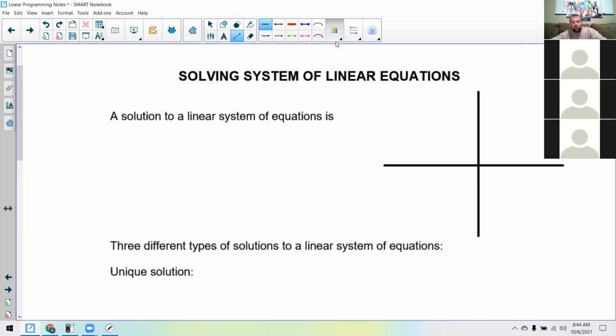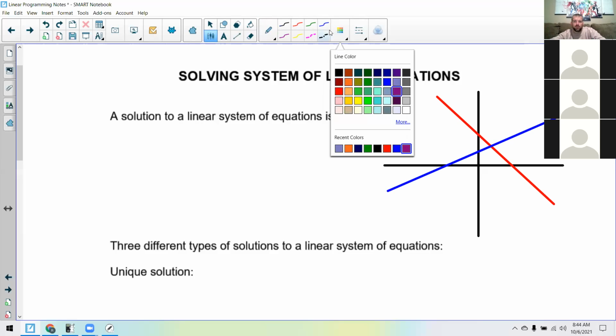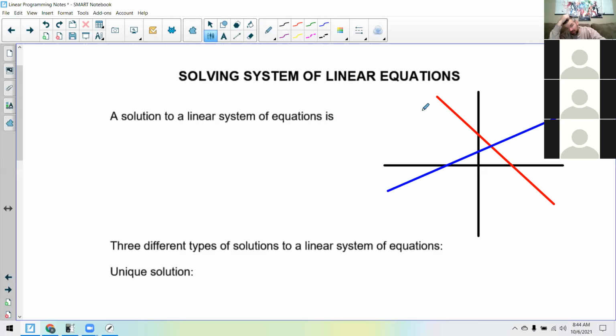Now let's do a red one, like that, and a blue one, like that. The solution to this system is going to be the point that satisfies both equations, or the point that both lines share, or the point of intersection. So this point here is the solution.